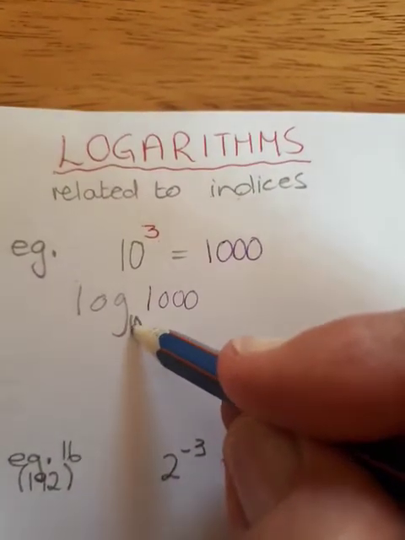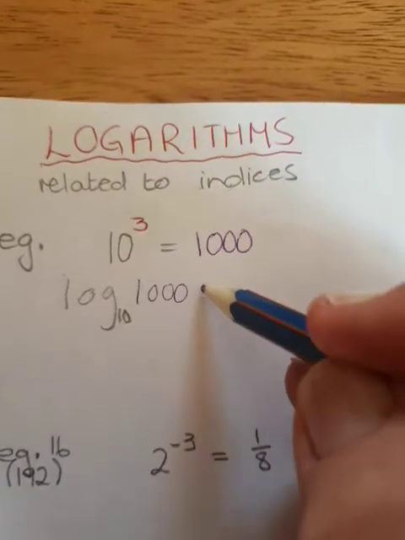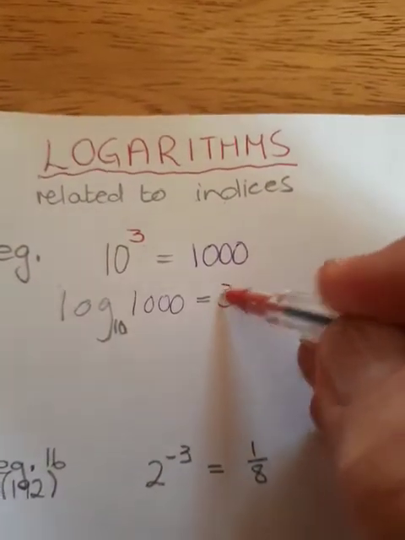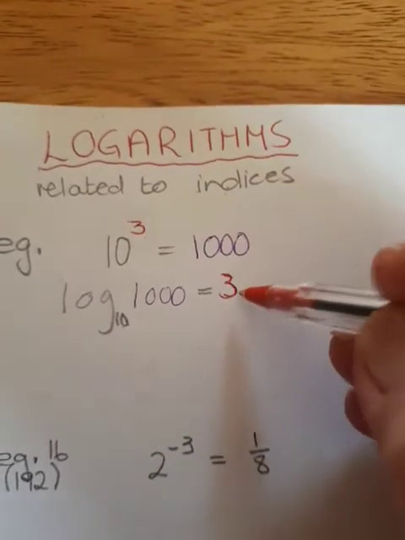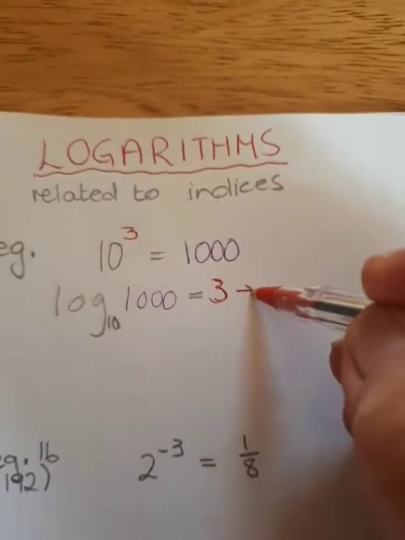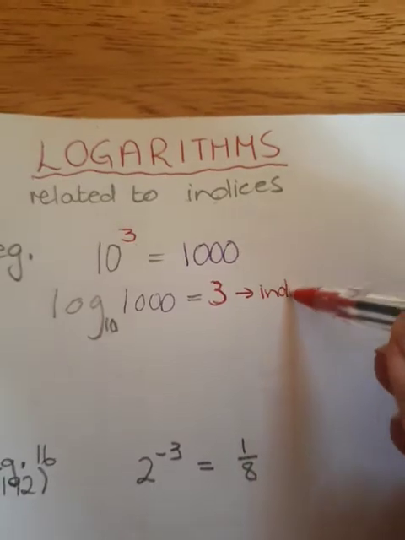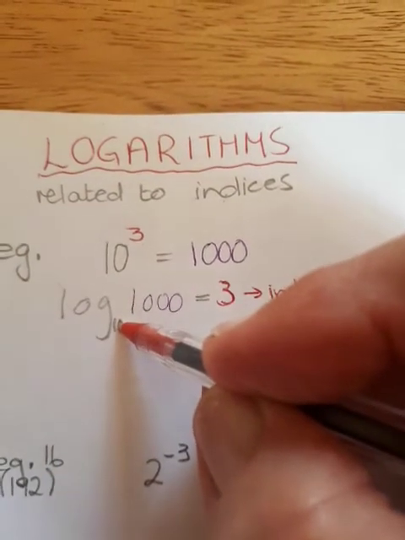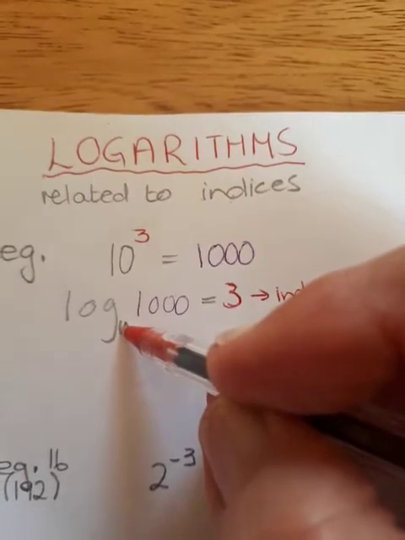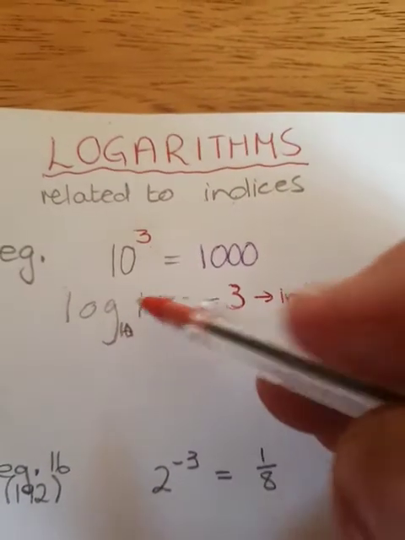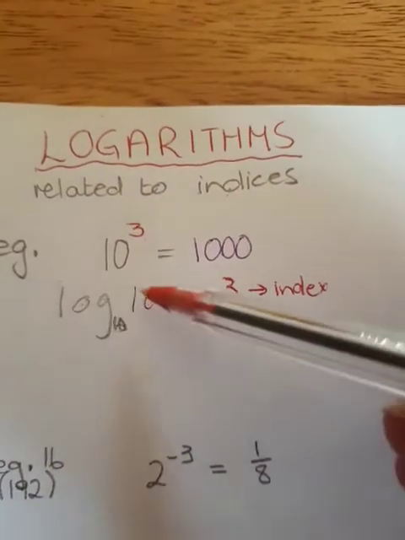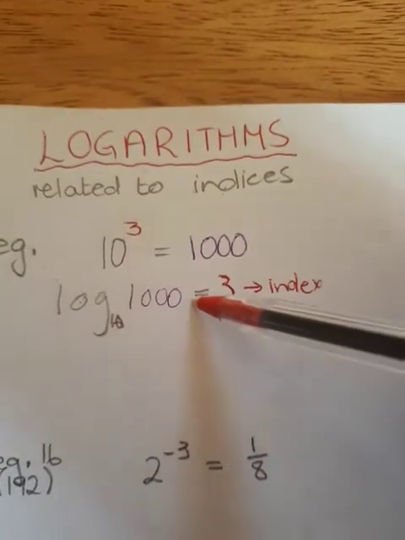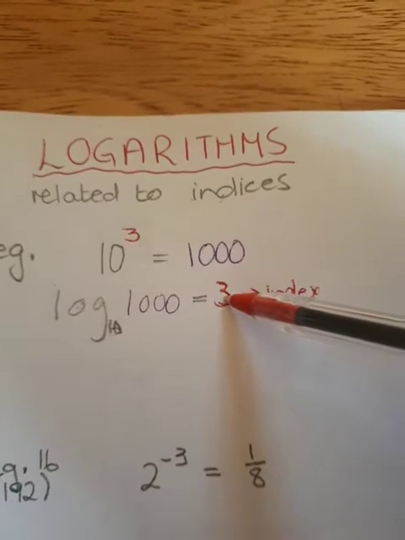So the base is written at the bottom, equals 3. So the answer to a log, really, gives you the index to the base that is written there. So it can be really any base, okay? So I repeat, we would read that as the log of 1000 with base 10 equals 3, okay?